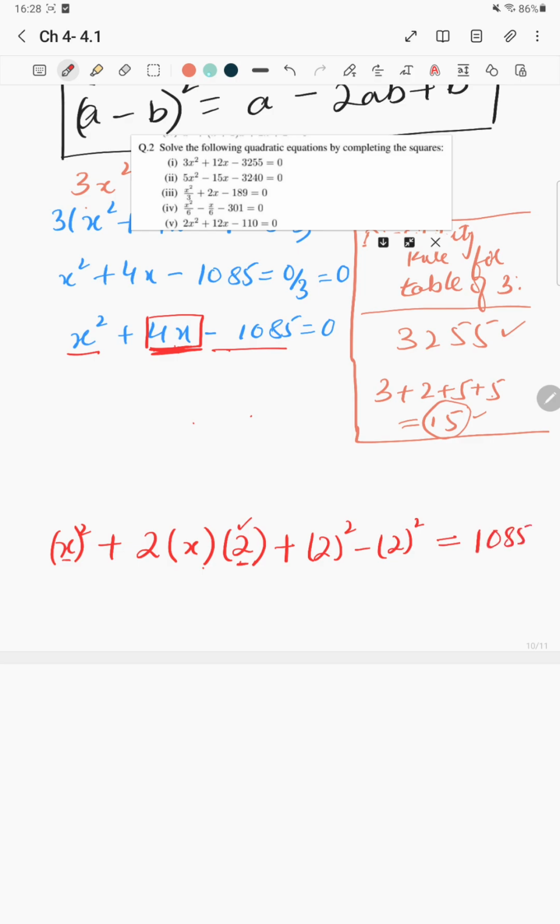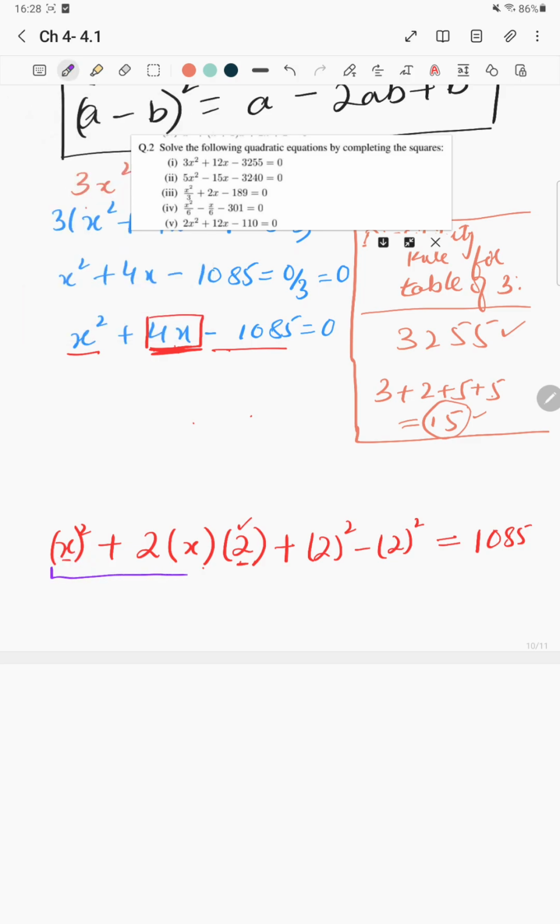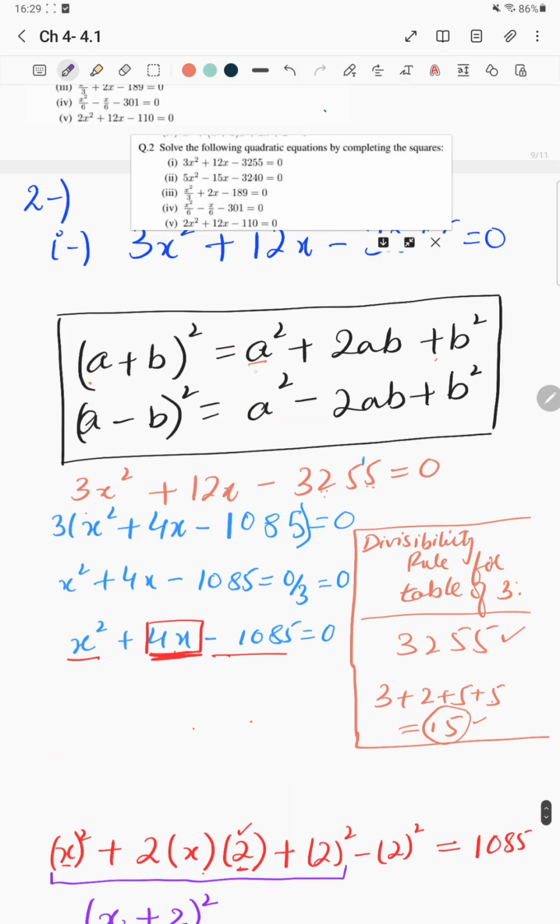So now if you can notice, I have x square like a square plus 2ab plus b square. So it is giving us the formula (a plus b) whole square. As I told you, you will get one side of the equation and you have to make the other side.